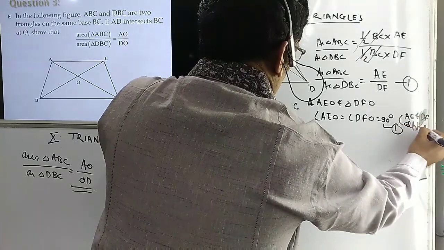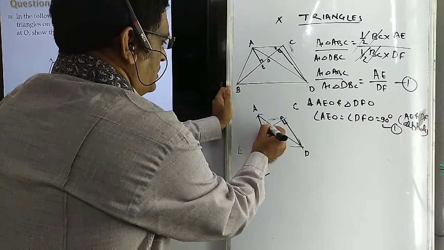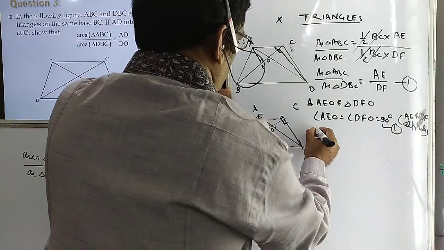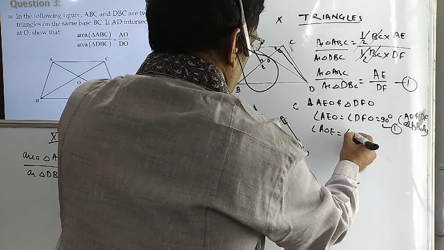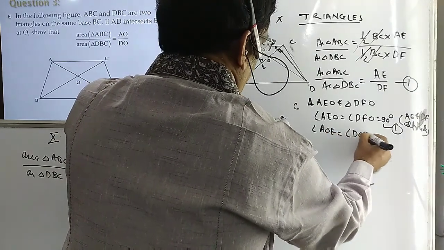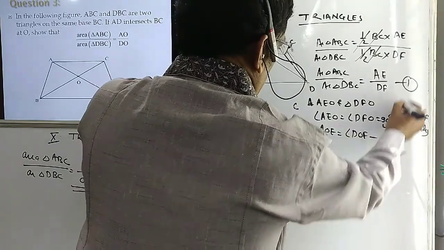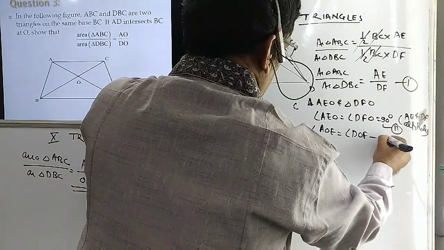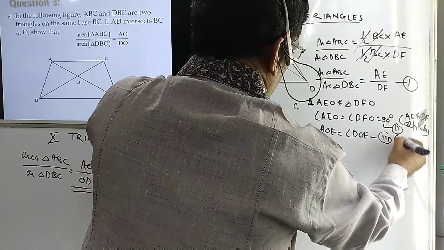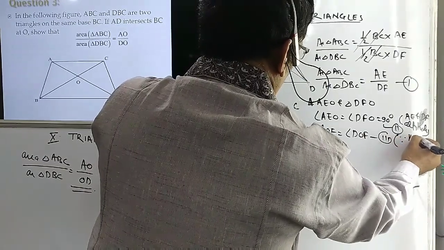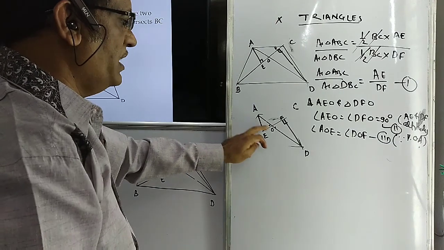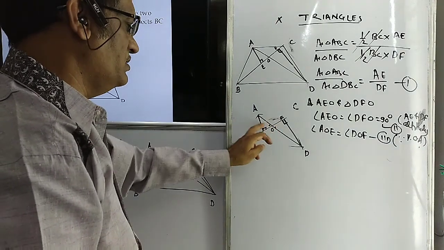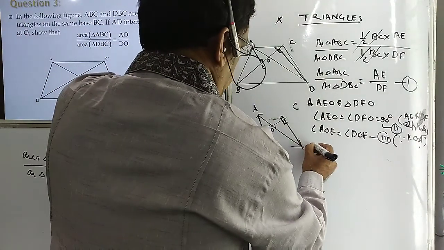Now another thing, these are vertically opposite angles. So angle AOE is equal to angle DOF. This is equation number 2 and this is 3. Reason: vertically opposite angles.